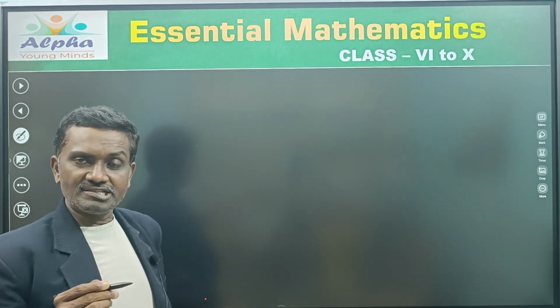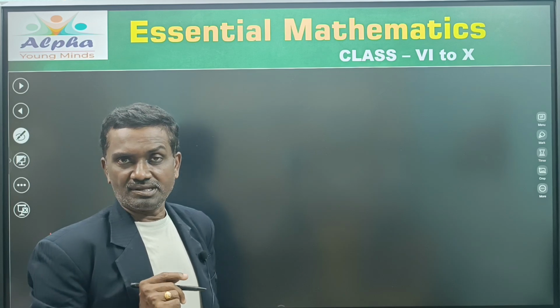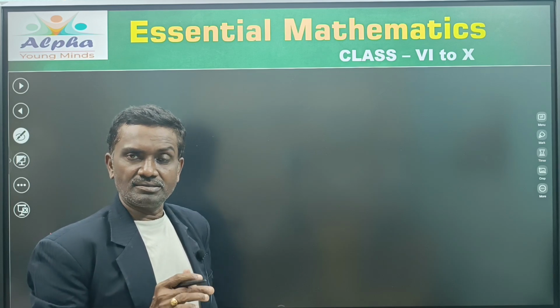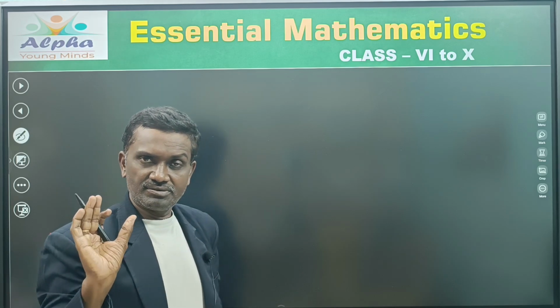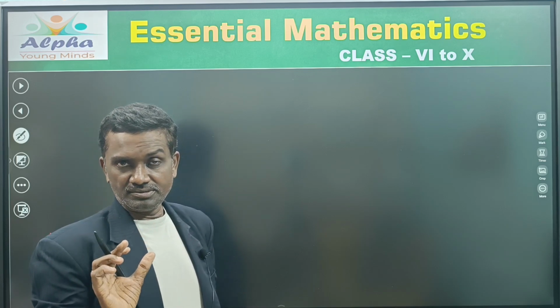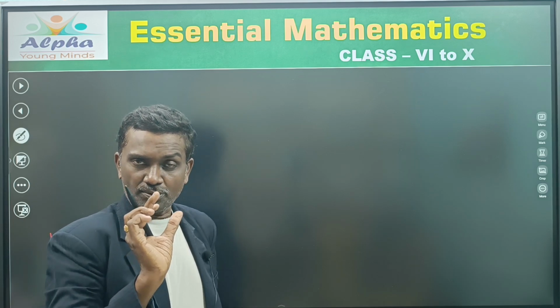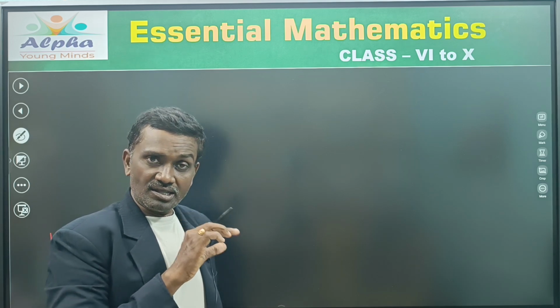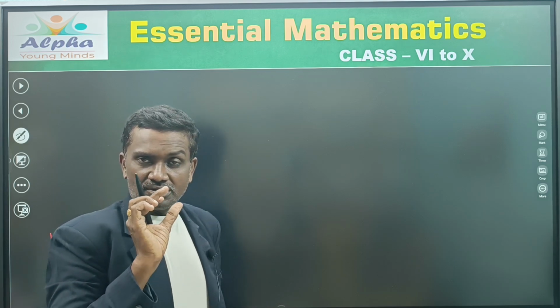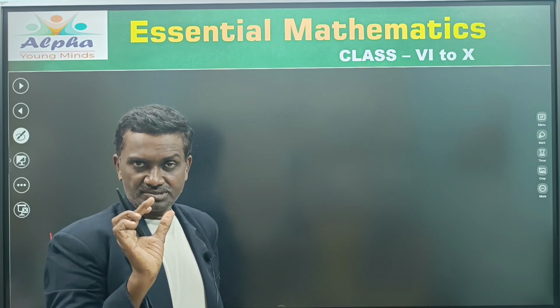As a part of essential mathematics, in previous classes, I told you regarding simplification of numerical expressions. First, I told you numerical expressions involving fundamental operations, and then numerical expressions involving brackets.